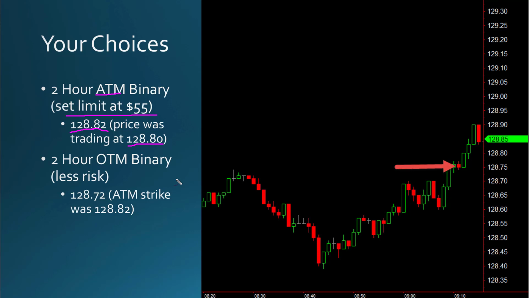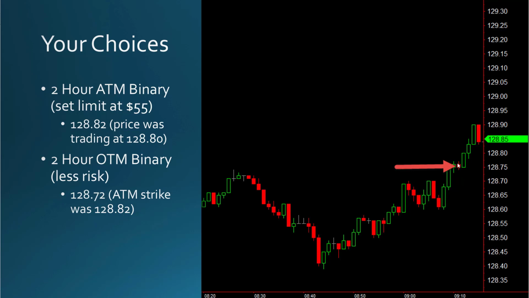It always will have less risk. In this case, you would go down in price to 128.72. Remember, the at the money was 128.82. This right here shows you where price was when the signal was issued. Now, a lot of questions have been, oh, will I get filled?